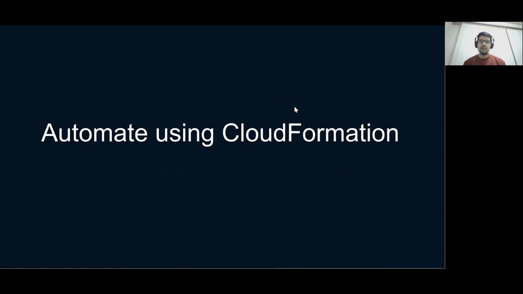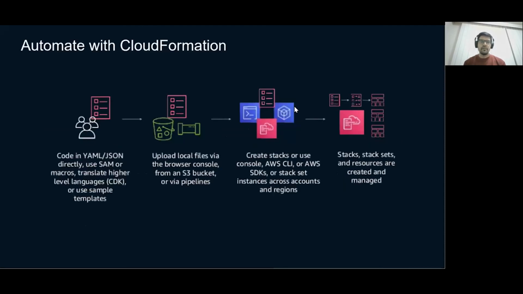Now lastly, how we can automate the whole process using CloudFormation. Because as you know, CloudFormation is infrastructure as code. We need to write the whole CloudFormation stack in either YAML or JSON format.